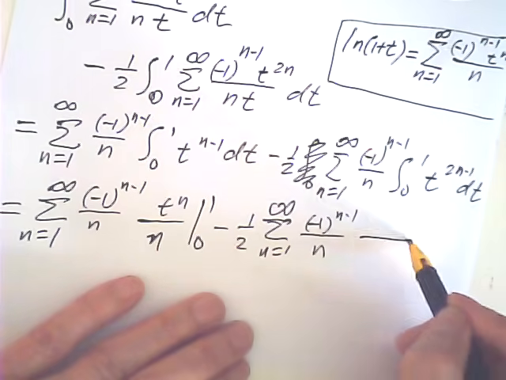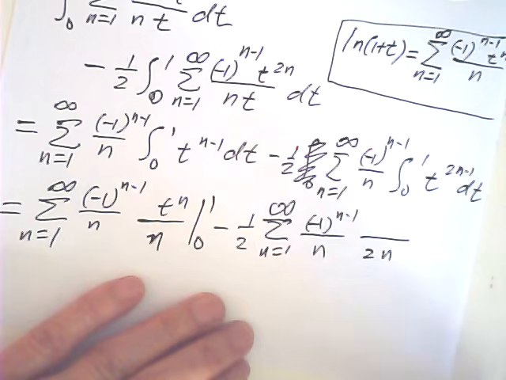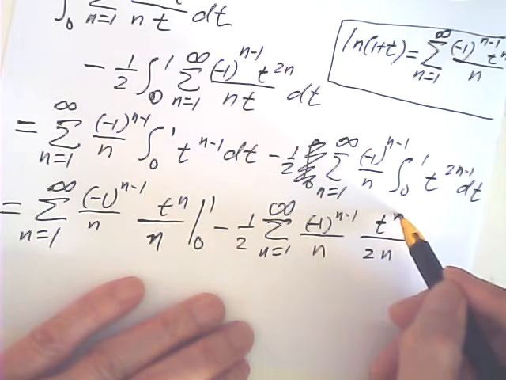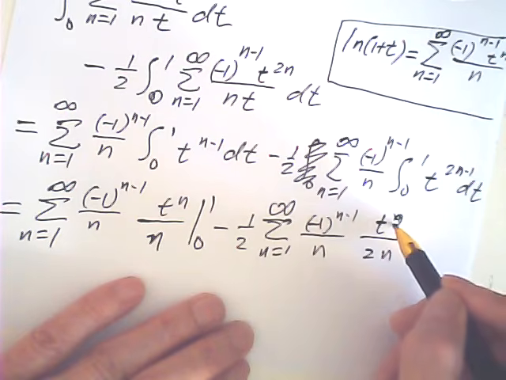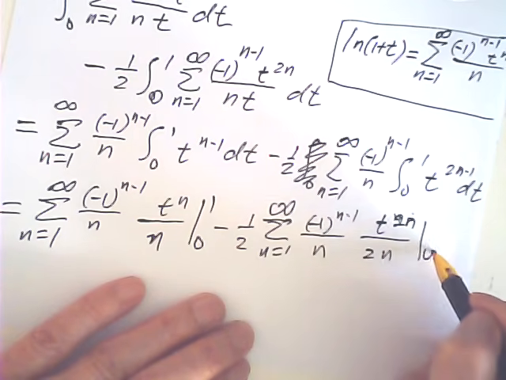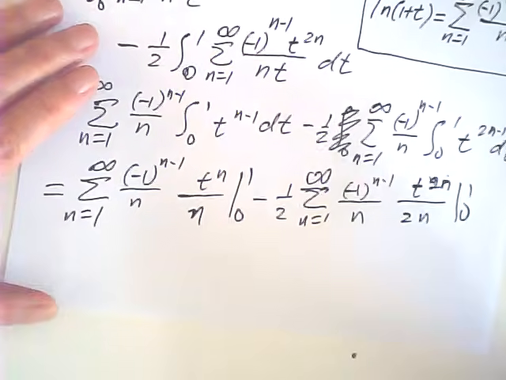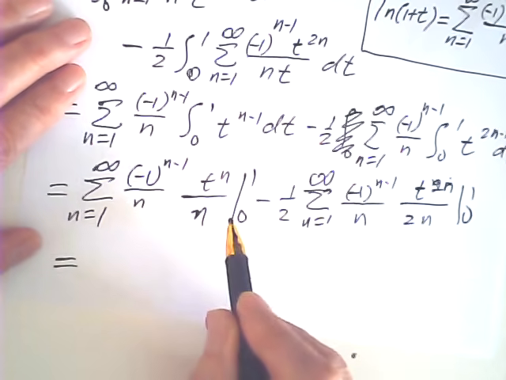This one is equal to t to the 2n, right, over 2n. Well, this is simple calculations.